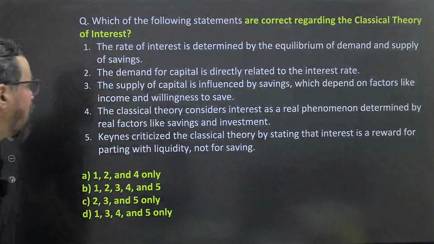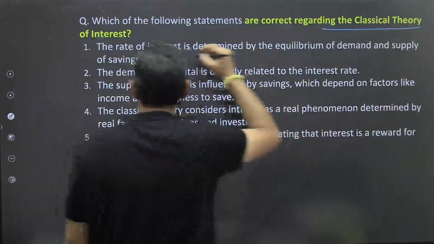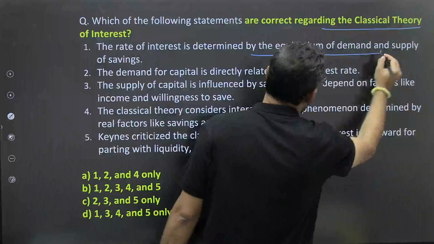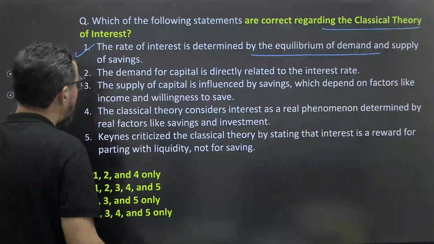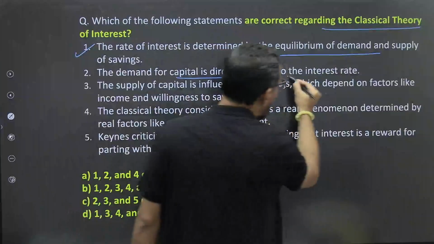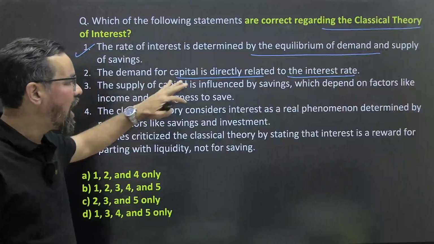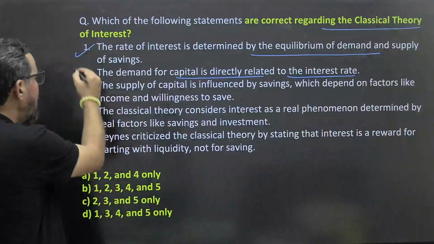Which of the following statements are correct regarding the classical theory of interest? The rate of interest is determined by the equilibrium of demand and supply of savings, 100% true. Again, the demand for capital is directly related to interest rate. No, this is wrong. The demand for capital is not directly, it is inversely related to interest rate, right?